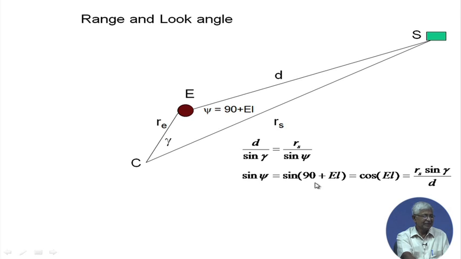So, sine psi is sine 90 plus elevation, which is nothing but cos elevation, and by side changing you can find out the cos elevation is R s sine gamma by D. Simple triangle.